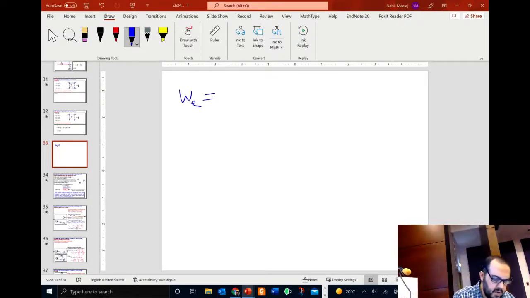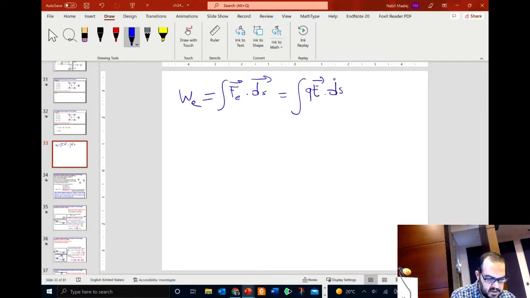We said the work done by the electrostatic force is the integral of F_E dotted with ds. Since the electrostatic force is QE, we can write this is equal to the integral of QE dotted with ds.